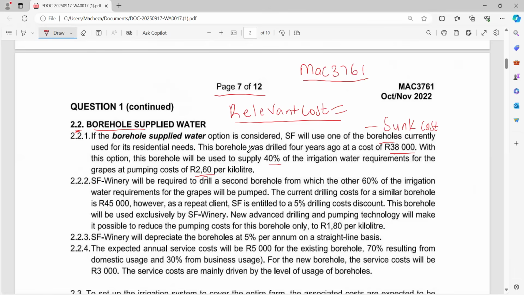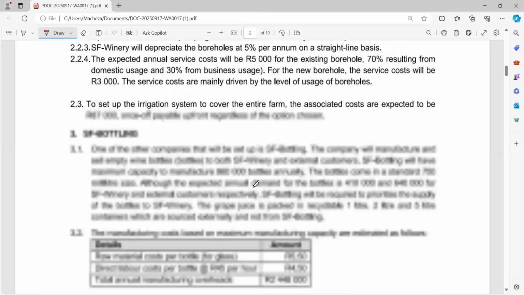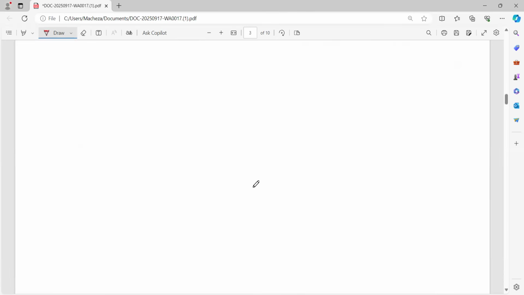Yes. So which means the irrigation cost for 40% of the water requirement is relevant. So it's going to be part of the cost. The pumping cost, yeah. So this one we're going to take the pumping cost. So that one is relevant.